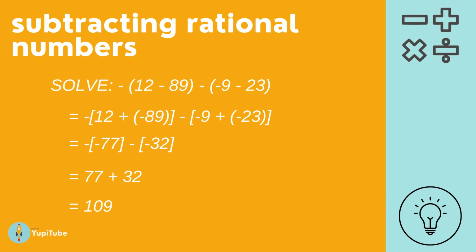So 12 plus negative 89, which is negative 77, then negative 9 plus negative 23, which is negative 32. Now let's distribute the signs outside the parentheses. That will lead us to 77 plus 32. Our final answer is 109.